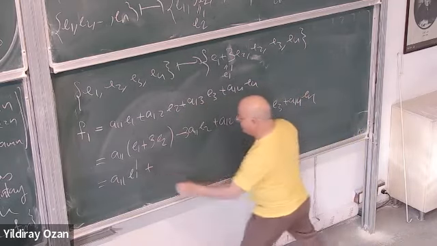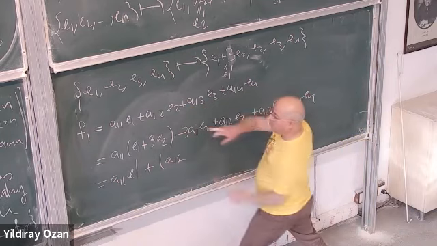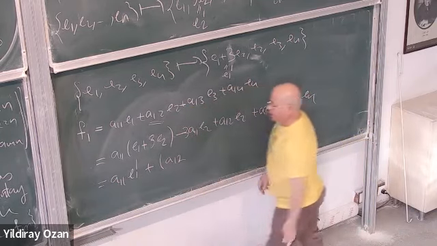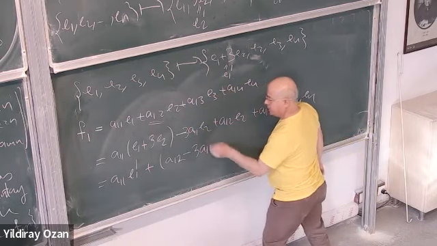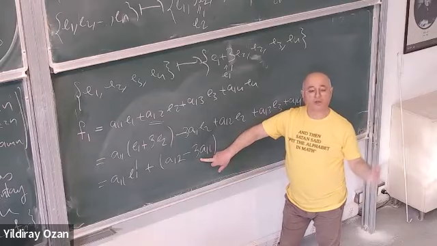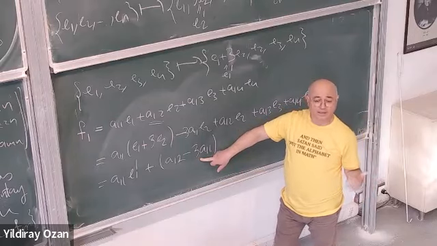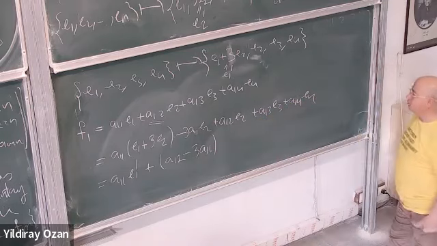Now this is just A11 E1 prime. And here what happens? I have A12, the original coefficient. It is changed with this. You subtracted the first column from the second column 3 times, right?